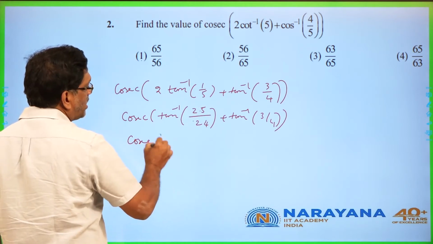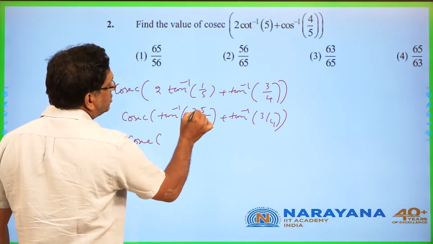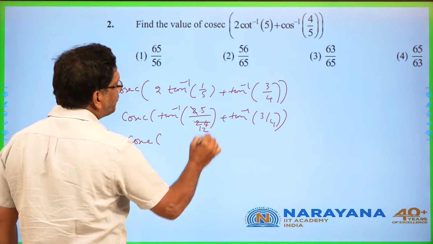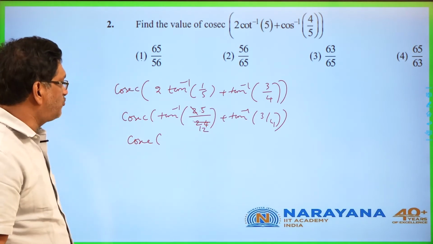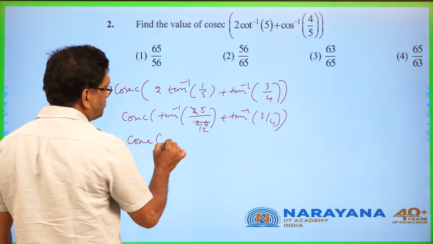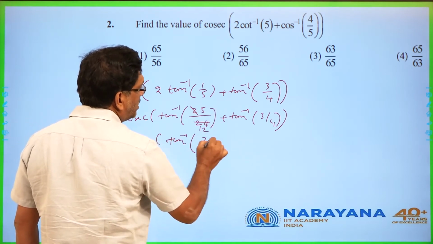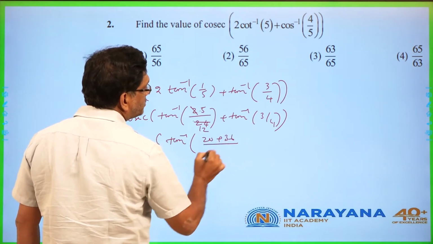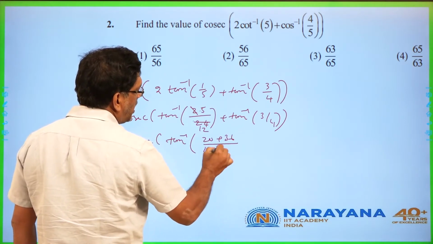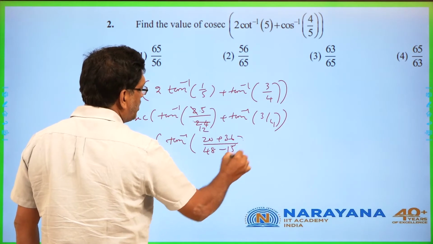This further can be written as, this is 2 12 times, right? 2 into 5 by 24, 12 times. And these two can be written in terms of tan inverse. It is 20 plus 36 by 48 minus 15.